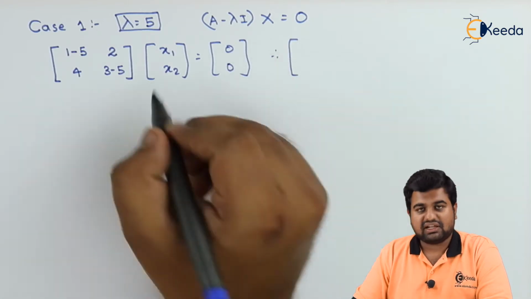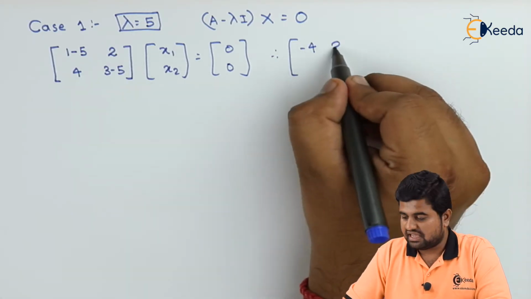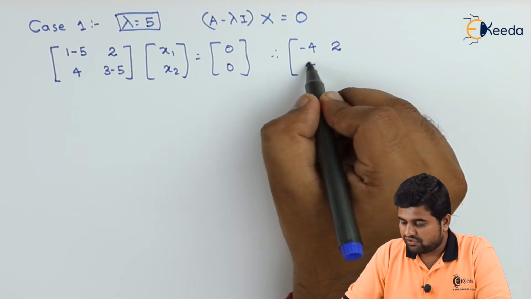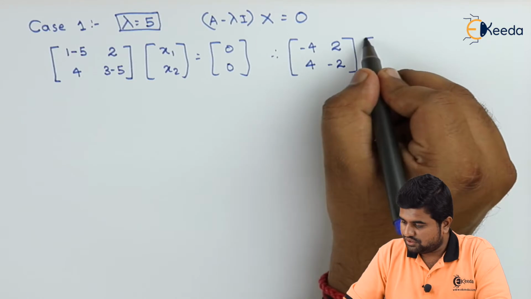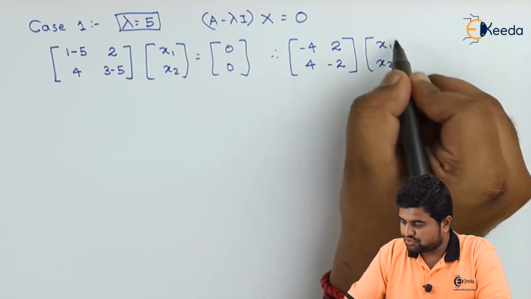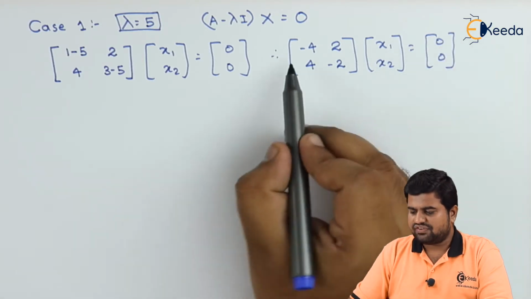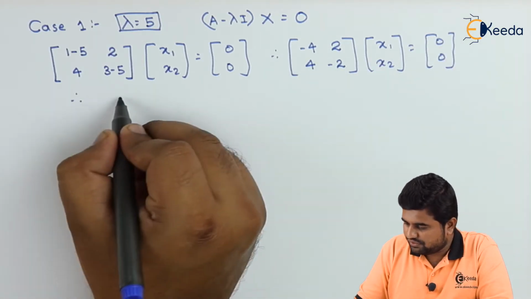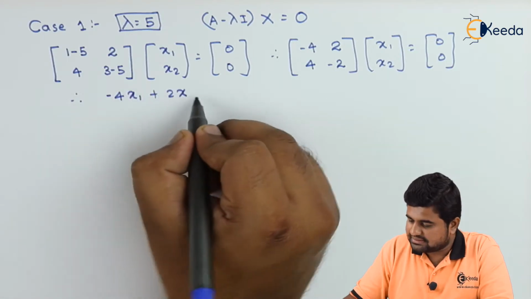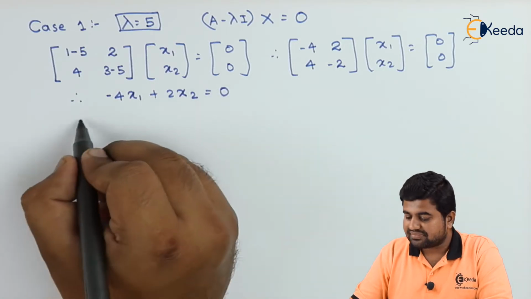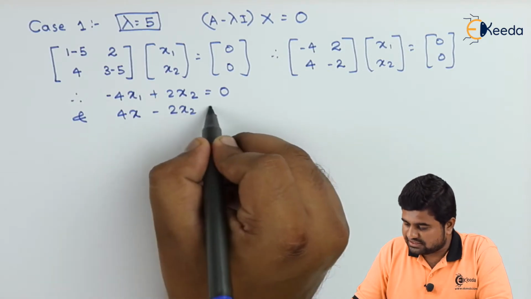Therefore, the values are 1 minus 5 is minus 4, and here we have 2, here we have 4, and 3 minus 5 is minus 2, into x1 comma x2, and we have 0 comma 0. So if we solve this equation, minus 4x1 plus 2x2 is equal to 0, and 4x1 minus 2x2 is equal to 0.